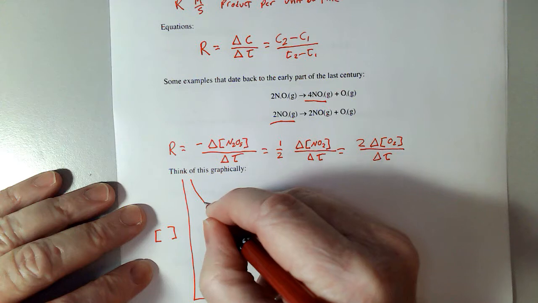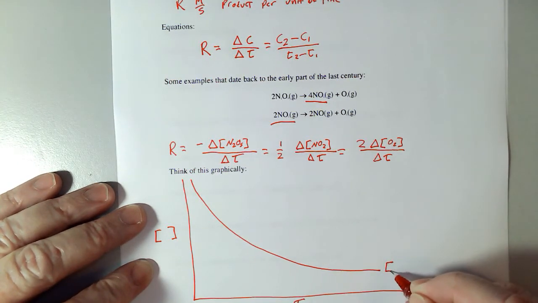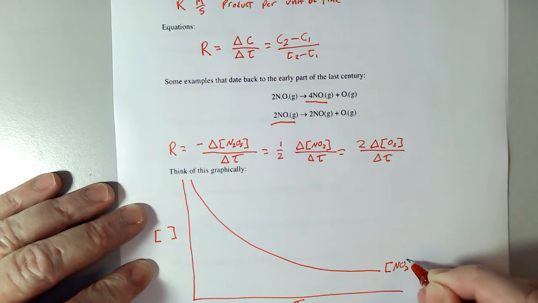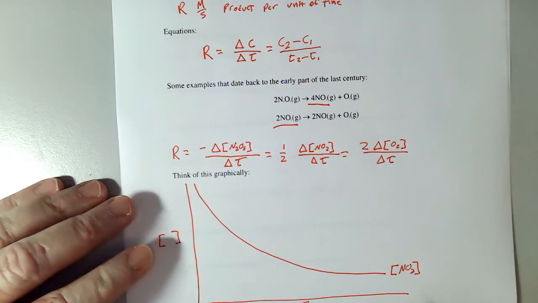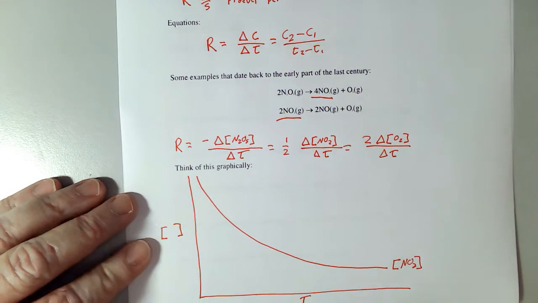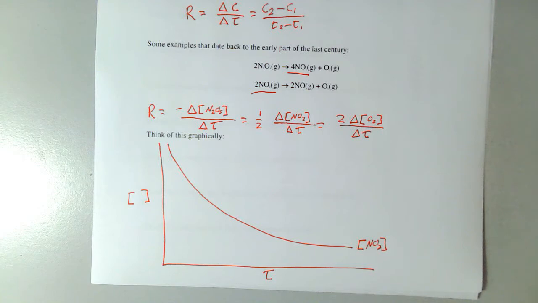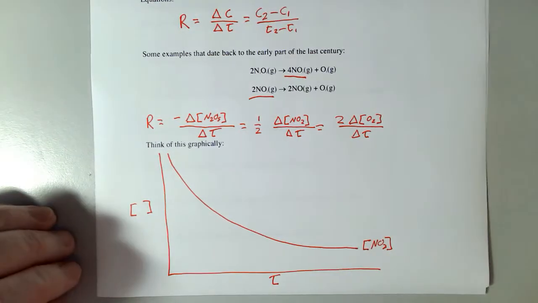First off, I have a line coming down which represents the concentration of NO2. Remember, we're talking about the second reaction now. It is a reactant, so it is going to be consumed. The reaction has its fastest rate in the very beginning when we have the most substance present.